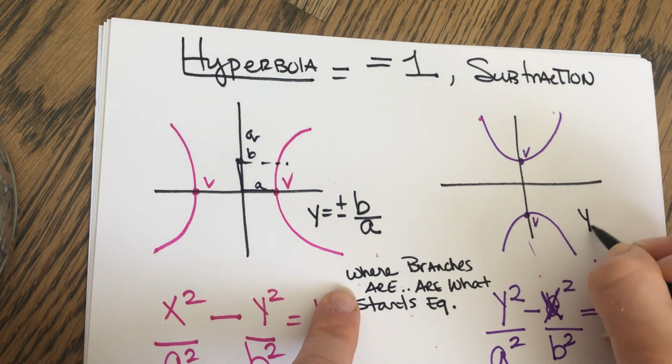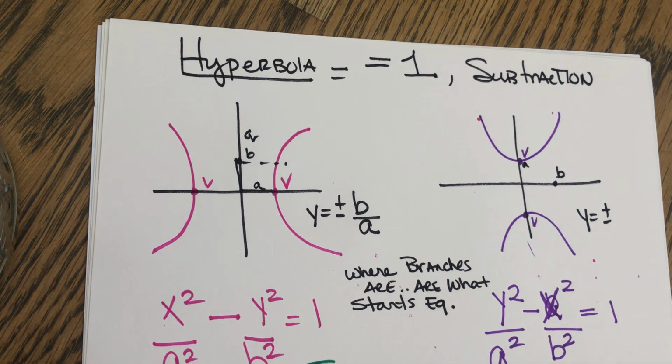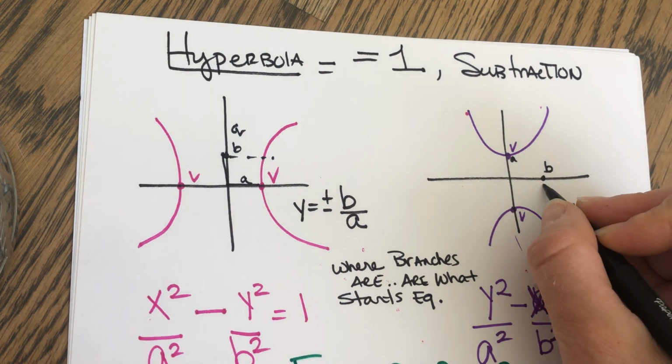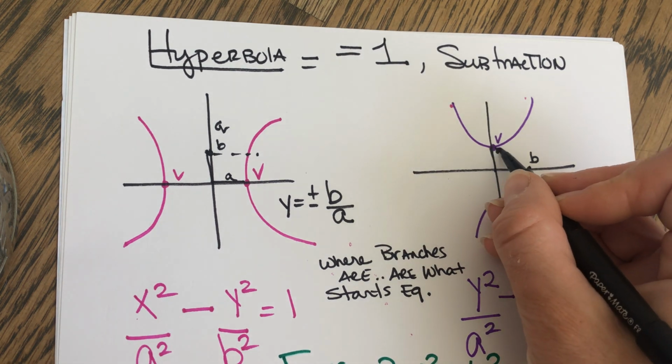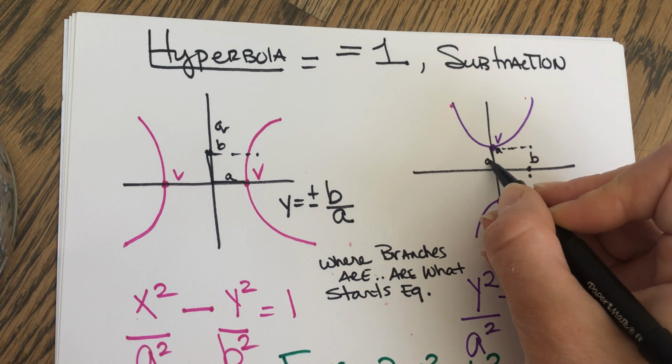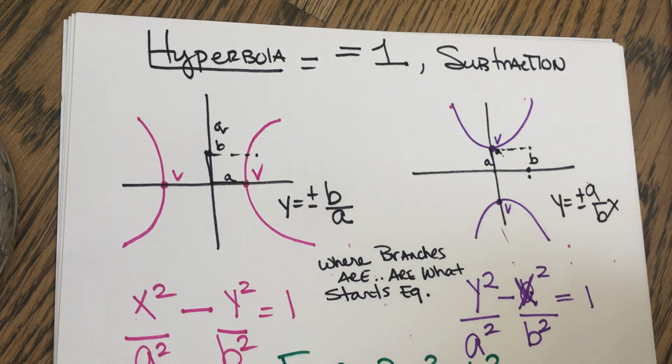And coming over here, y equals plus or minus, this is your a, and here is that b value, so you go up a over b. But I told you, don't worry about that. You don't need to memorize that part of it.